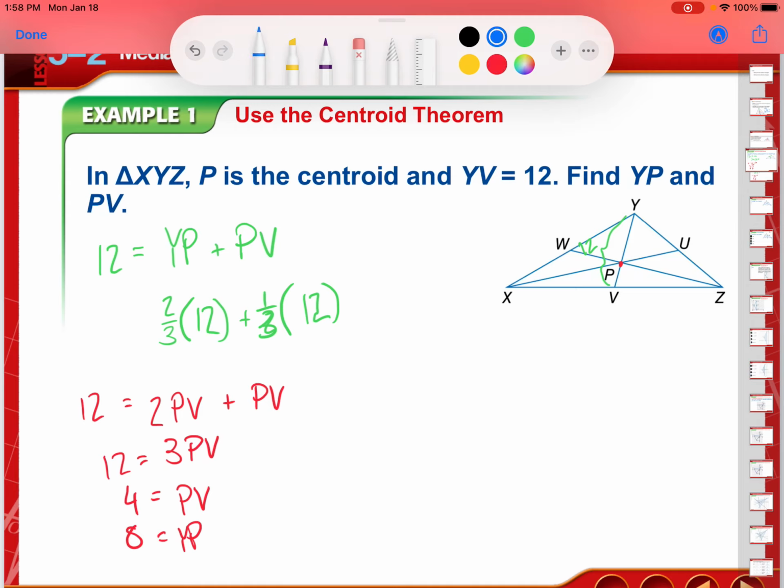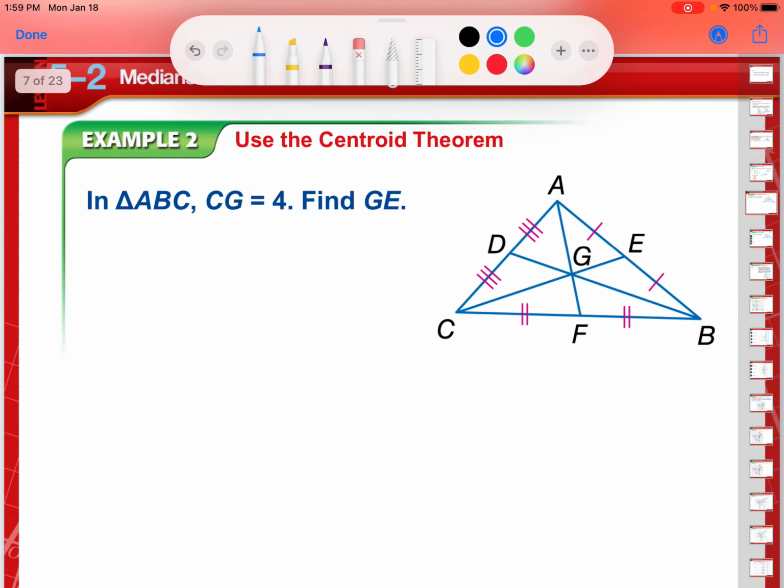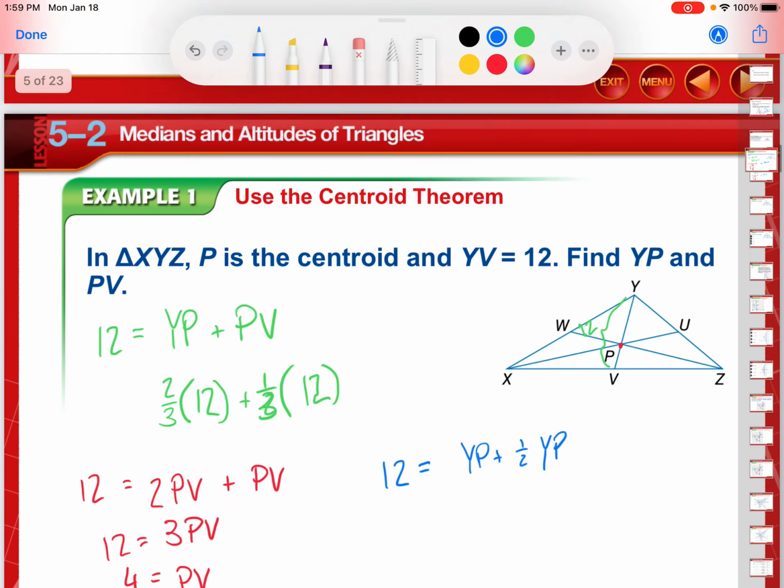Or my third way that I could do this is I could say YV equals 12, so I'm going to write 12 equals YP plus 1/2 YP, because PV is 1/2 of YP.